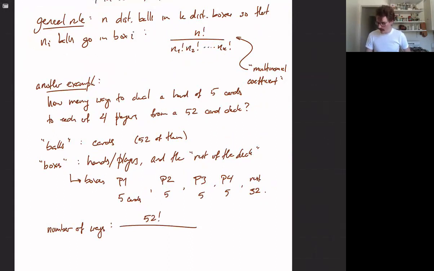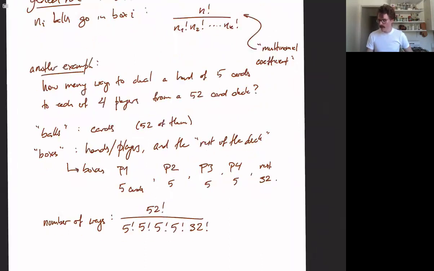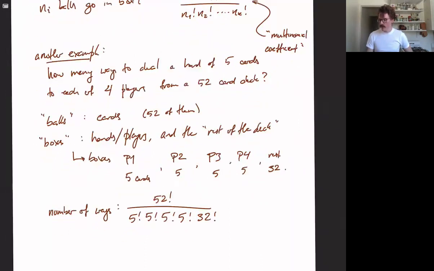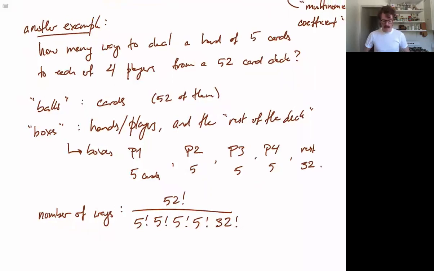So we have 5 balls in box 1, 5 in box 2, 5 in box 3, 5 in box 4, and 32 in the last box. So this is the number of 5 card hands to deal out to each of 4 players from a standard 52 card deck.